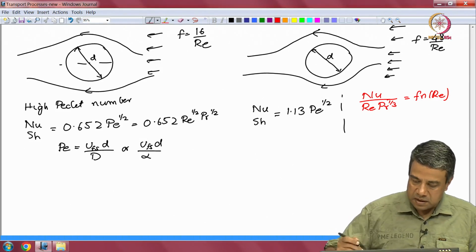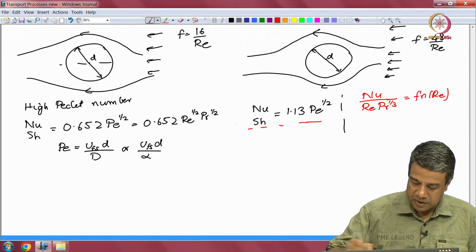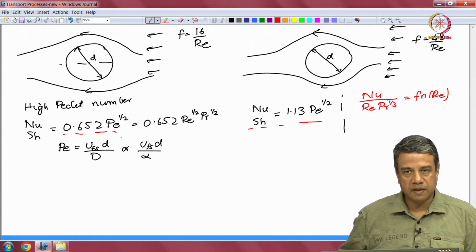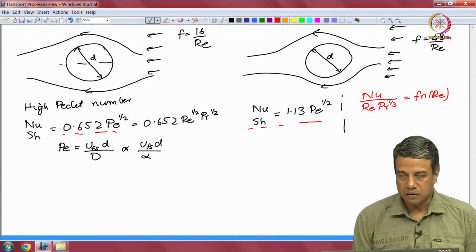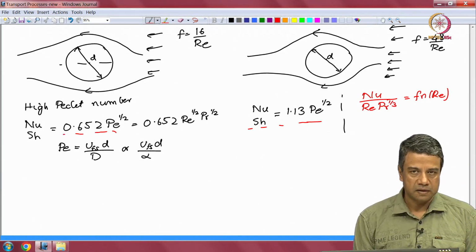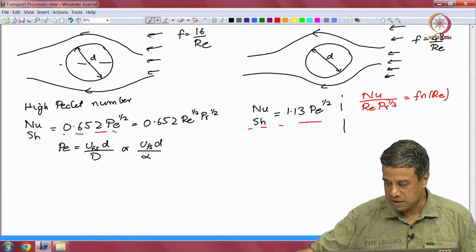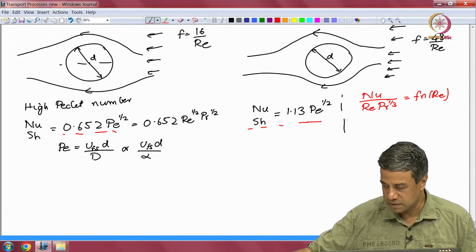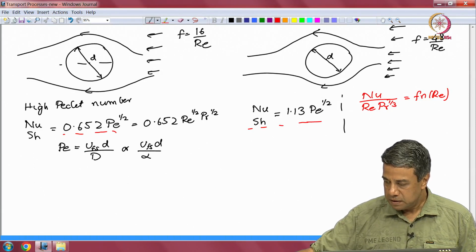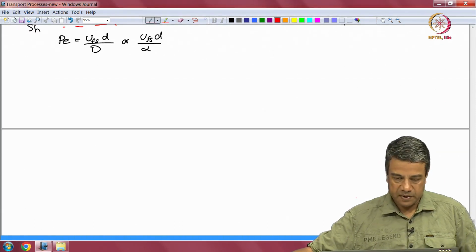Correlations of this kind do not satisfy this, because if you divide by Pr to the power 1/3, you do not get something that is only a function of Re. So, I will just warn you here that this Colburn analogy is not valid when you have motion past mobile surfaces. So, this completes our discussion of particles, bubbles and so on.